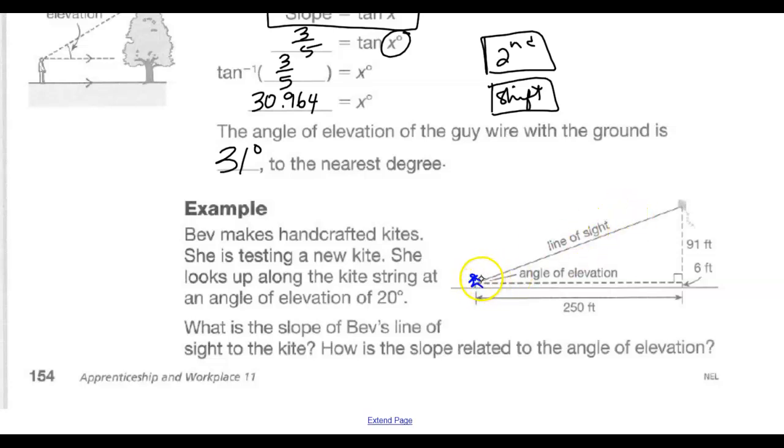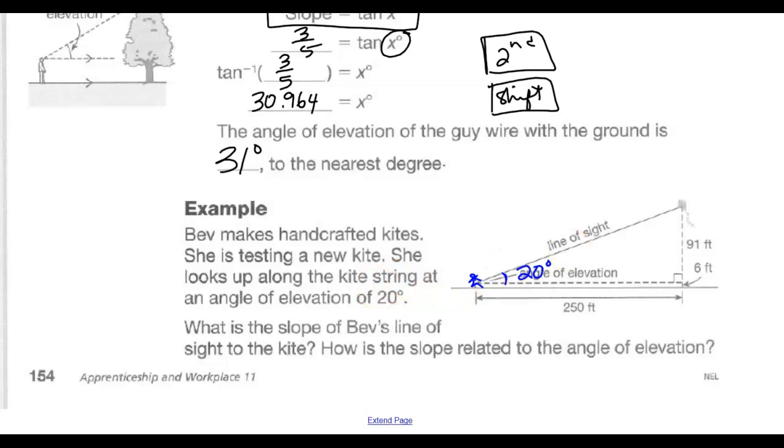And so from her line of sight up to the kite, that is actually along the string. And she's found that the angle of elevation is 20 degrees. So from the horizontal up to the line of sight is 20 degrees. So what is the slope of Bev's line of sight? So how is the slope related to the angle of elevation?